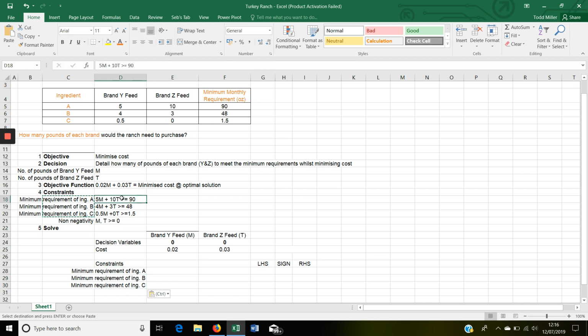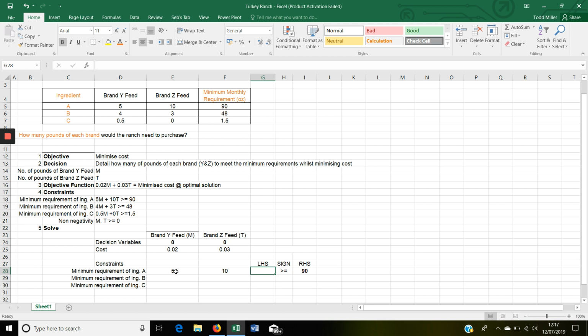For A, we want to turn this function here and represent it in the table below. So we know that we have 5m, we're just taking the number, and 10t. Left-hand side we'll come back to, the sign, greater than or equal to, and the right-hand side, 90.